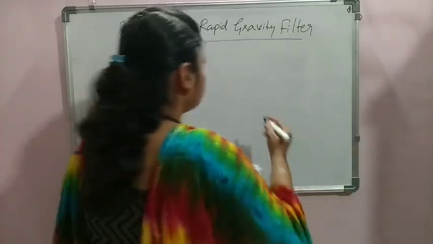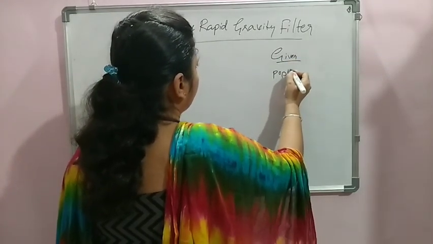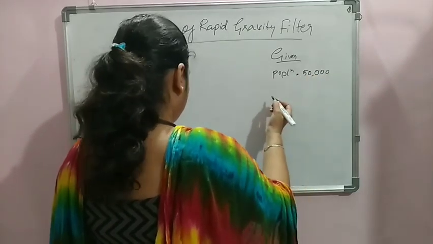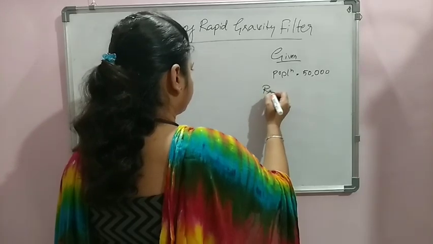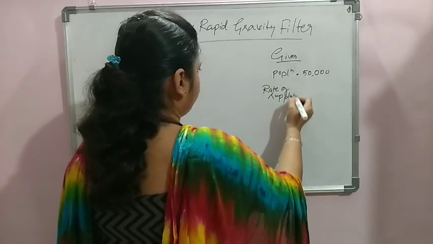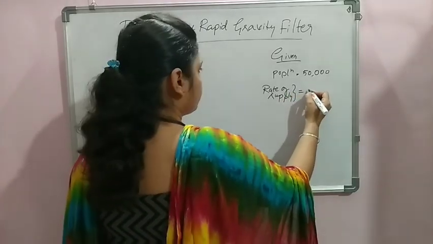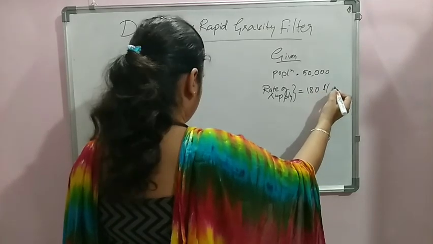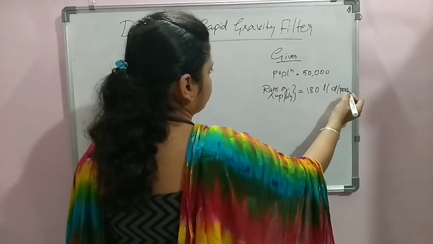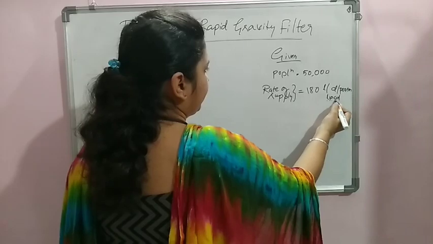So first of all, under the given, population is given as 50,000, and then rate of supply, or per capita demand, which is given as 180 liters per day per person, LPCD, liters per capita per day.